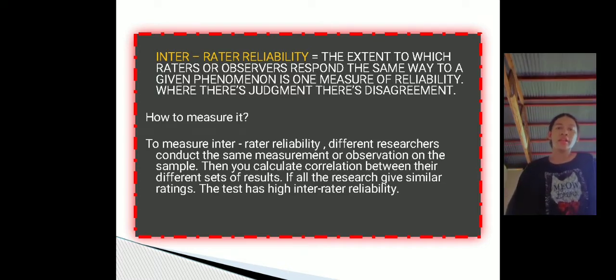To measure inter-rater reliability, different researchers conduct the same measurement or observation on the sample. Then you calculate the correlation between their different sets of results. If all the researchers give similar ratings, the test has high inter-rater reliability.